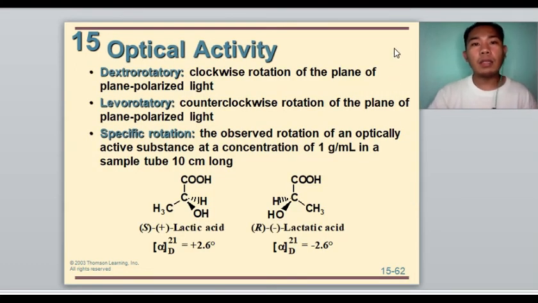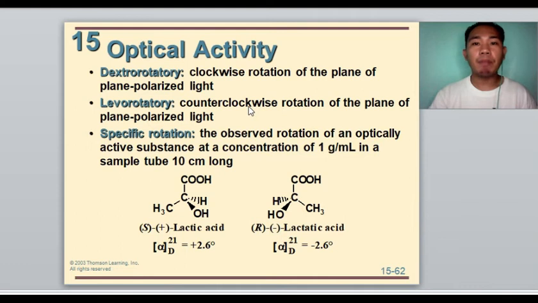Also, when a solution of an optically active compound is placed in a sample tube, it rotates the plane of polarized light. If it rotates the plane clockwise, then we say it is dextrorotatory. If it rotates the plane counterclockwise, then we say it is levorotatory.